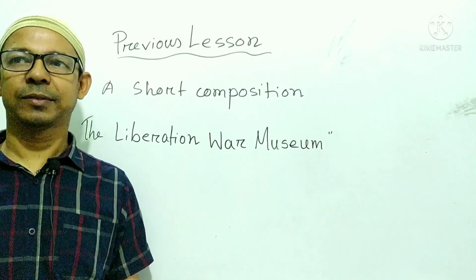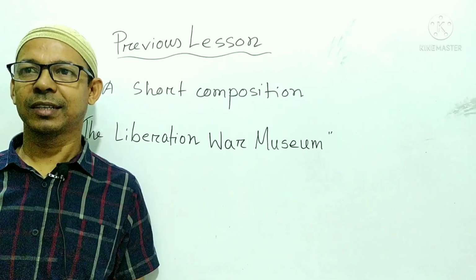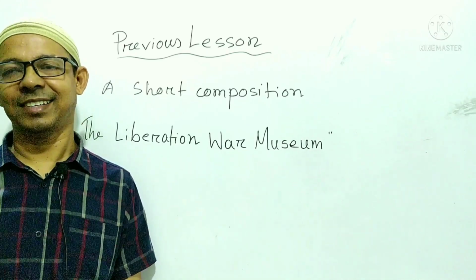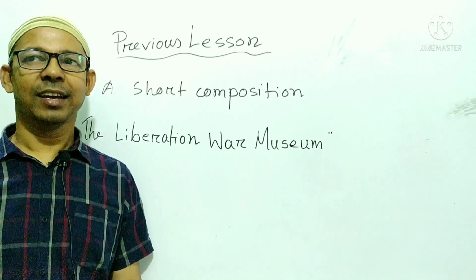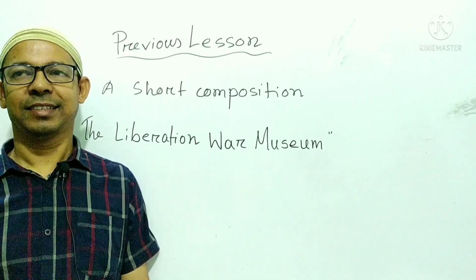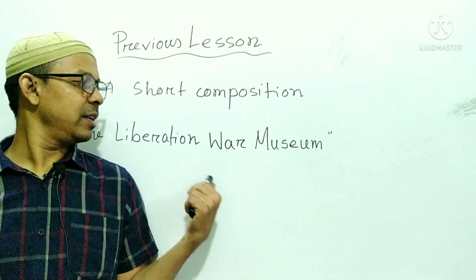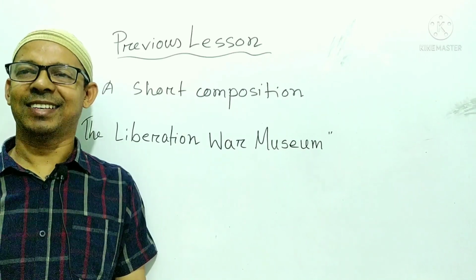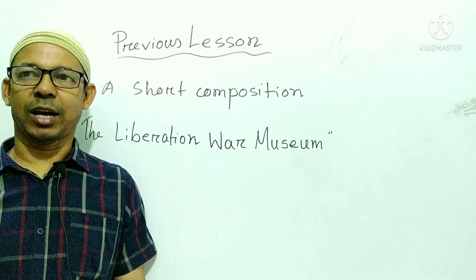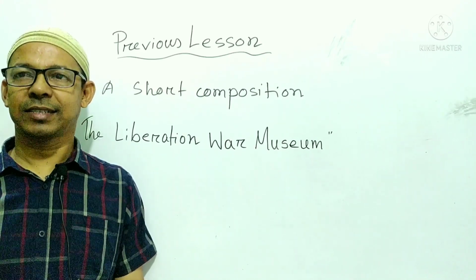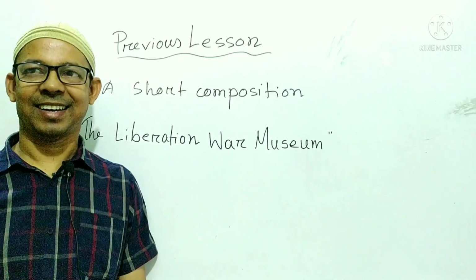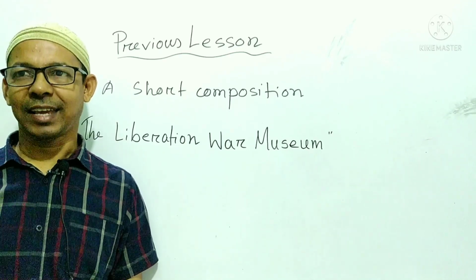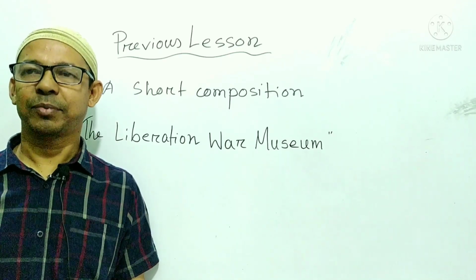So, have you prepared your lesson? Yes. Okay. Who can tell me what the Liberation War Museum is? Yes, the Liberation War Museum is at Agargaon, Dhaka. Yes, my dear students. Thank you for learning your previous lesson.